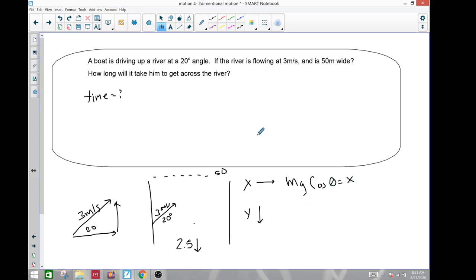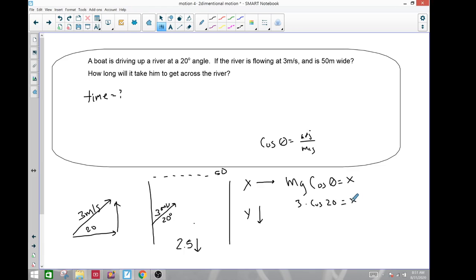How did I get that? The cosine of the angle is the adjacent over the hypotenuse, and the hypotenuse is the magnitude of that vector. So multiply across, and I got that. It's going to be 3 times the cosine of 20 equals my x component.